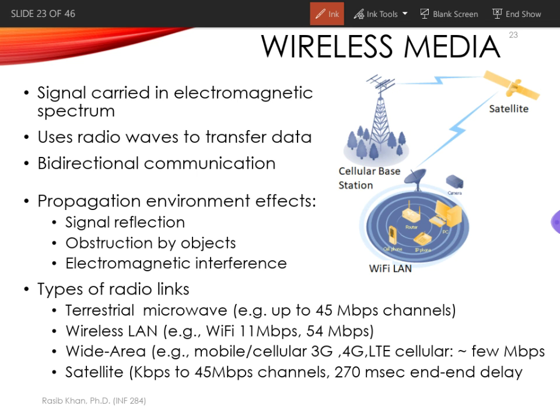In wireless media, unlike wired media, the signal is carried through the electromagnetic spectrum using radio waves. And one great thing about radio waves is that it allows bidirectional communication, because it is inherently bidirectional in terms of the way that it propagates through air.